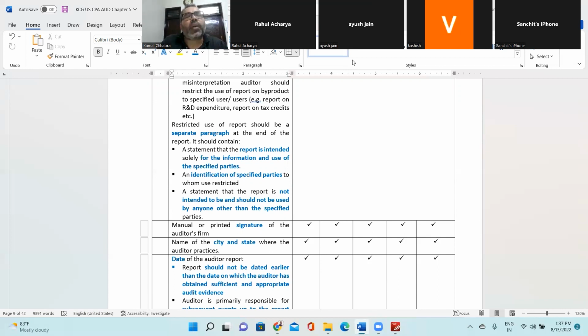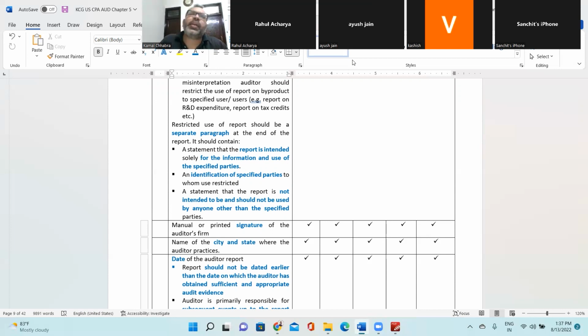For example, if you are a component auditor doing a component audit for the consolidation purpose of a group audit, say you are EY India, and there is EY US.